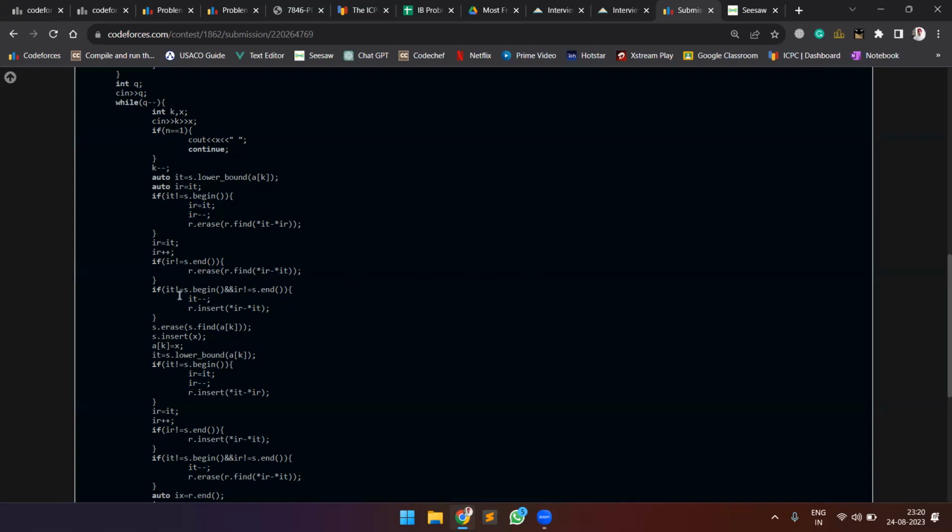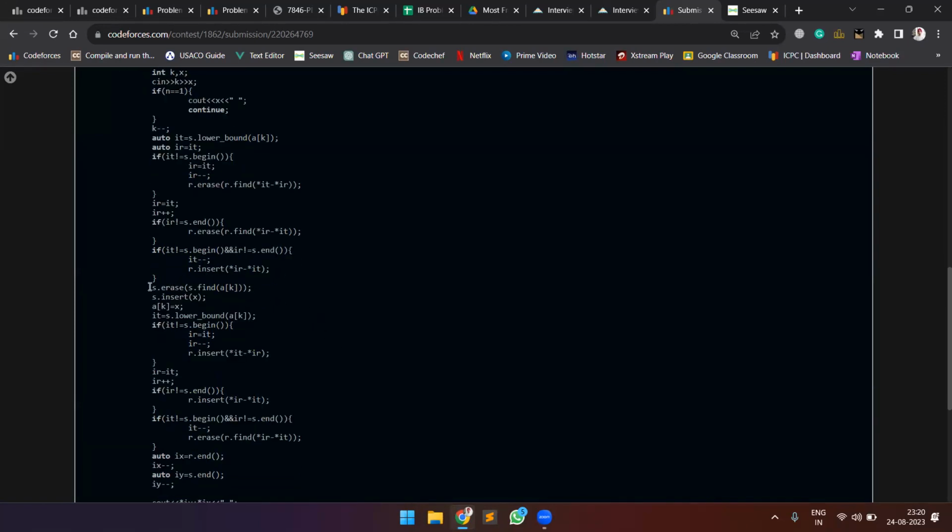And then I insert the newly formed difference. Why have I taken this condition? Because it can happen that the number is in some corner. If the number is in a corner, we don't need to insert any other difference. So it won't be inserted if it is the last element or the first element. So this was the erase operation, and now the insert operation starts.